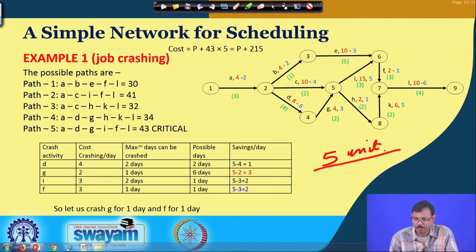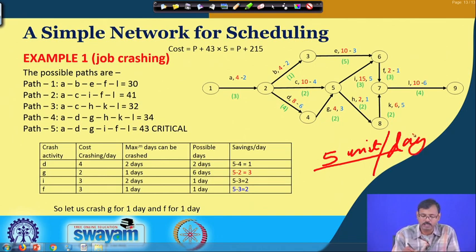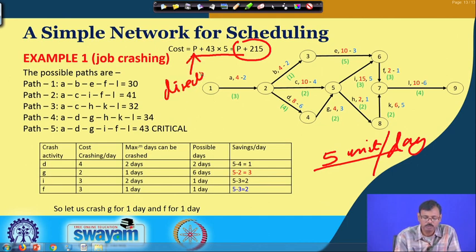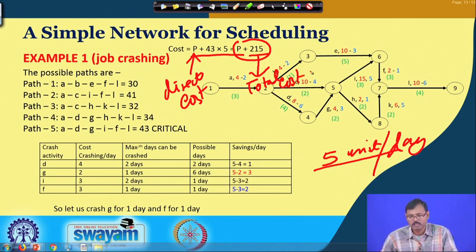If 5 units is the per day indirect cost, then the total cost of this project is P plus 43 into 5, that means P plus 215, where P is the total direct cost, and 215 is the total indirect cost for completion of the project, considering 43 days are the required operating days.